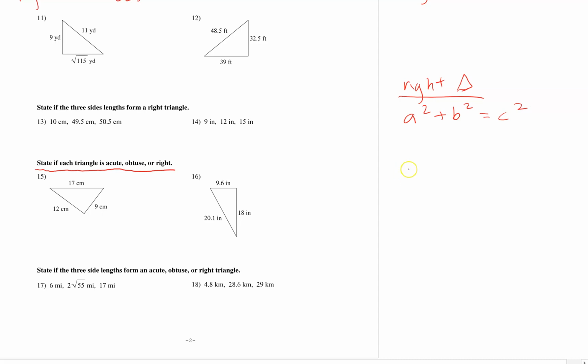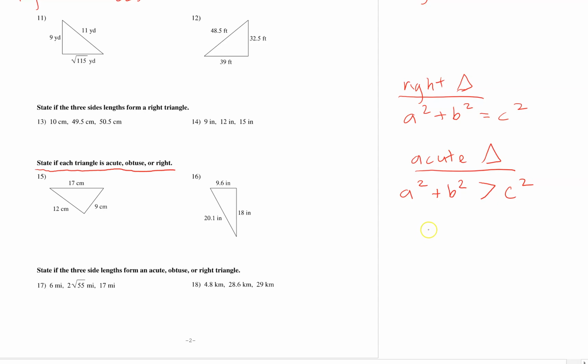If you have a situation for an acute triangle, a squared plus b squared is going to be greater than c squared. So if you're comparing the two legs after squaring them and they happen to be bigger than the hypotenuse, that's going to be an acute triangle.